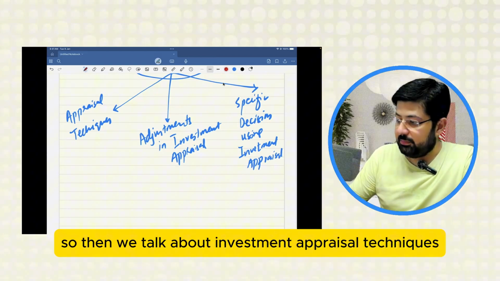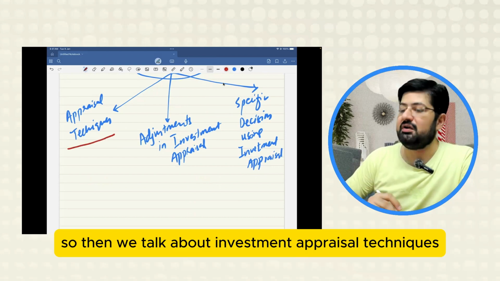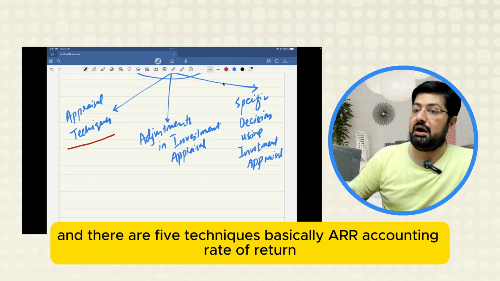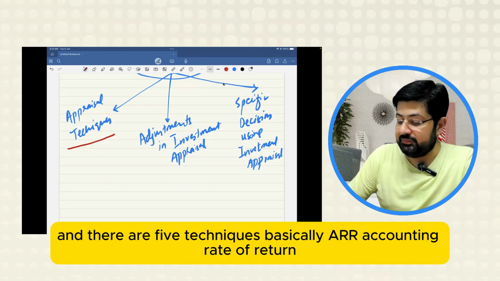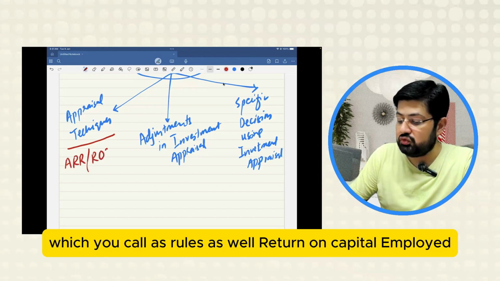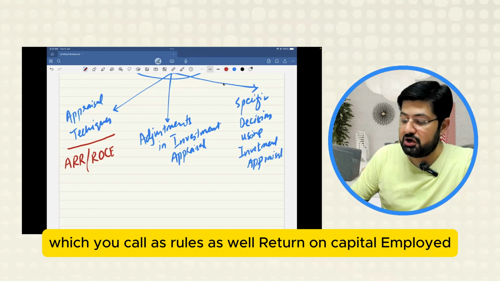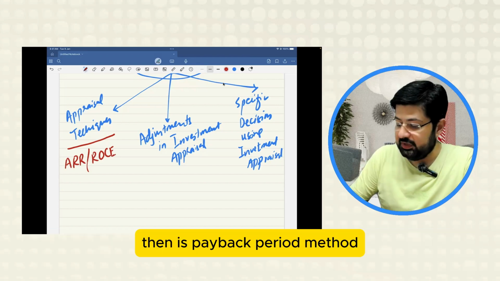Then we talk about investment appraisal techniques, and there are 5 techniques basically. ARR, accounting rate of return, which you call ROS as well, return on capital employed. Then the payback period method.